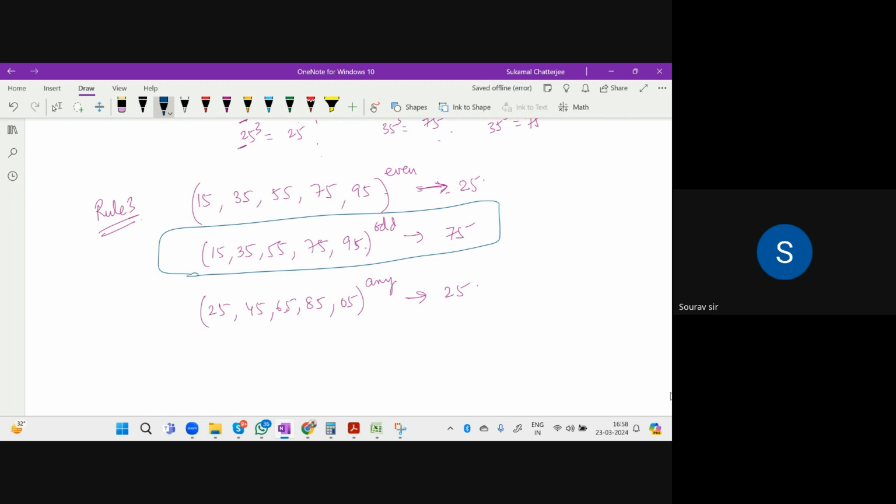So all numbers are covered now. Have you understood the rule for all numbers? Yes, sir. Okay, so only 3 rules. Again, to summarize, all you need to remember is this.